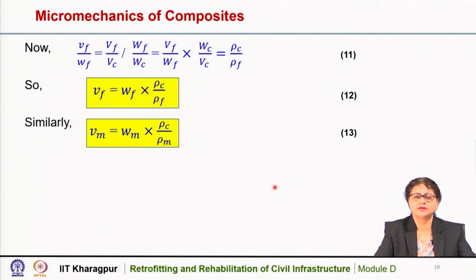Similarly, Vm, that is the volume fraction of the matrix, is equal to the weight fraction of the matrix into rho c by rho m. So, these are the two relationships that are used in the subsequent analysis, that is the weight fraction and the volume fractions are related. So, we can get the relationships between the volume fraction and the weight fraction of the fibers and also the matrix.